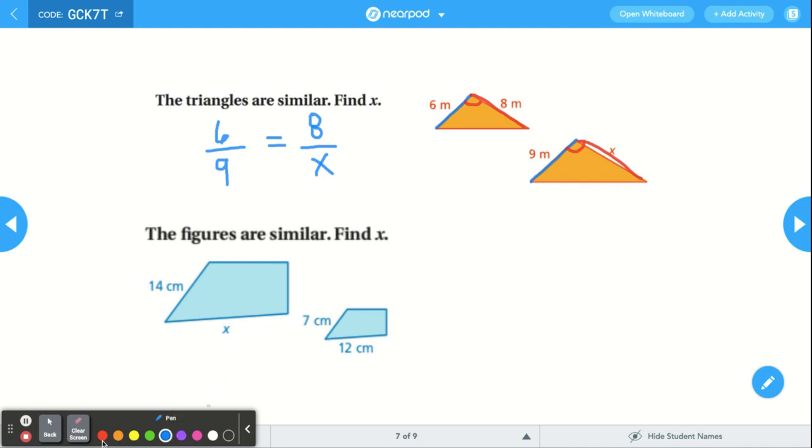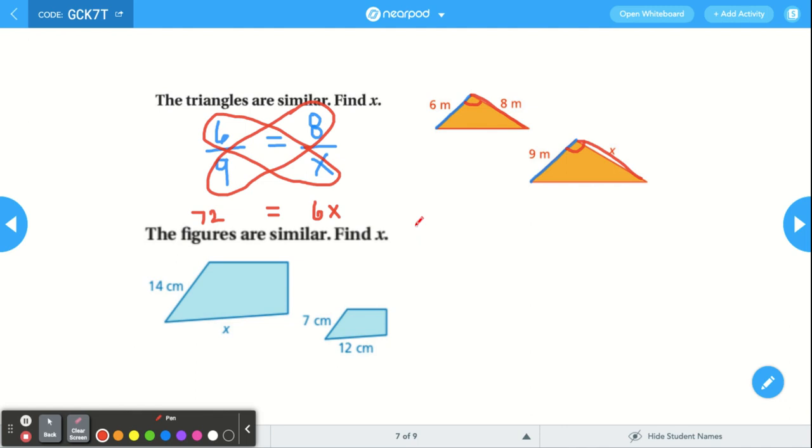My favorite method is called the cross products. It's a pretty simple little strategy. All you do is you multiply across from each other, and it will equal the product of the other two numbers being multiplied. So I have the 8 times 9, which is 72, and I have the 6 times x, which is 6x.